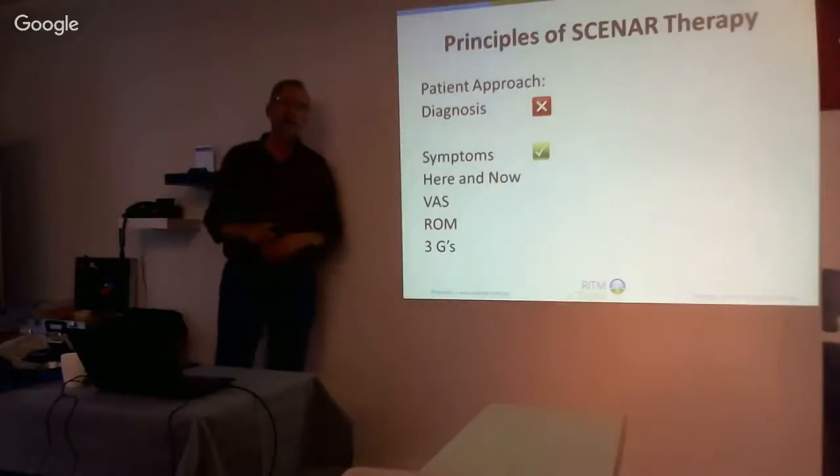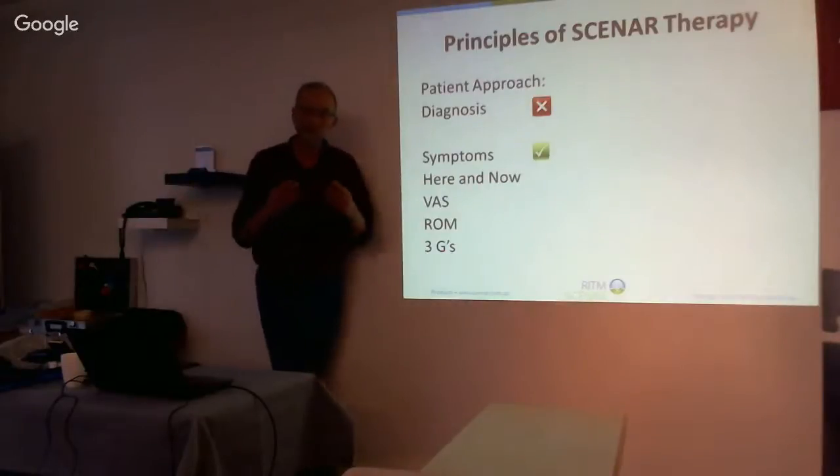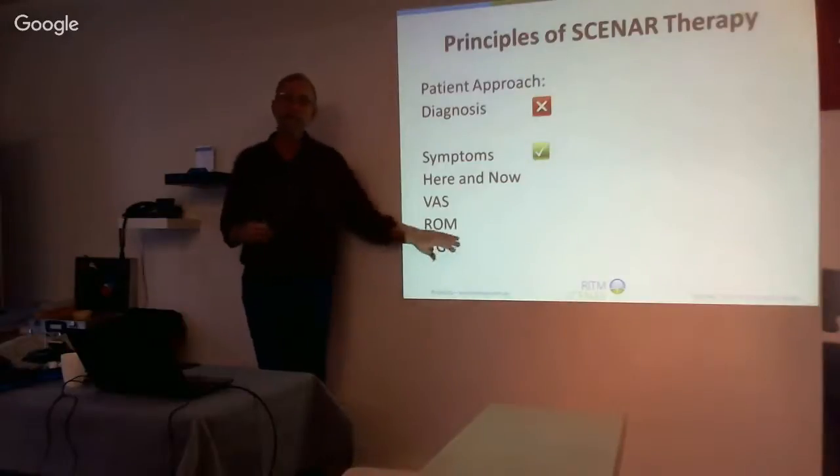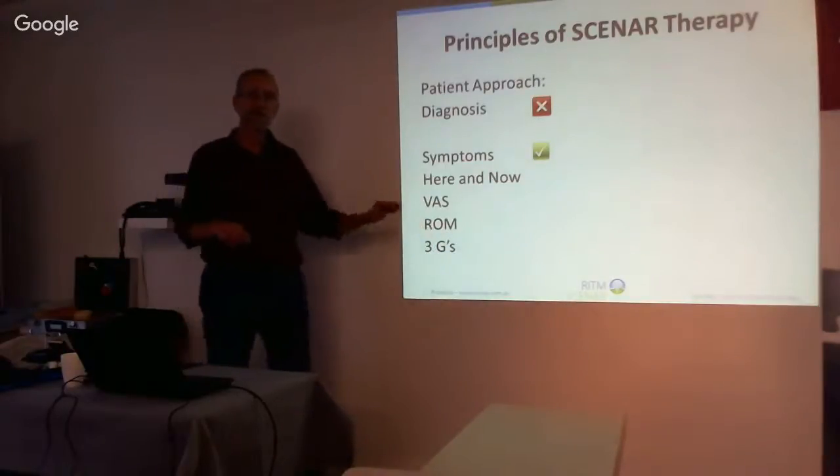And in order to find out what state a patient is in, how stressed they are, you ask for the 3 Gs: the good sleep, the good mood, and a good appetite. If that's all there, it's pretty likely that the patient is not in stress.